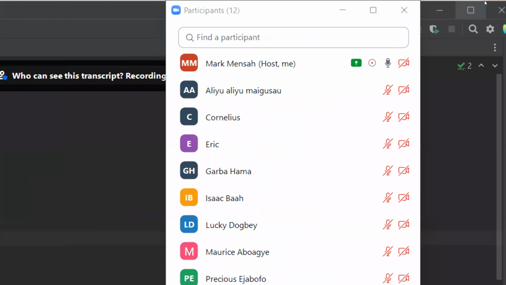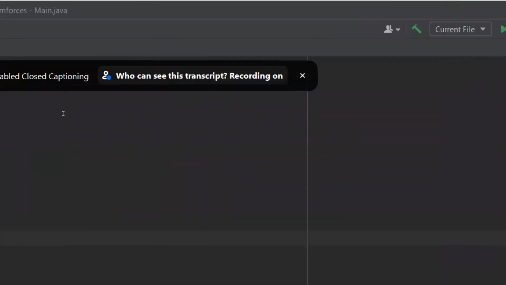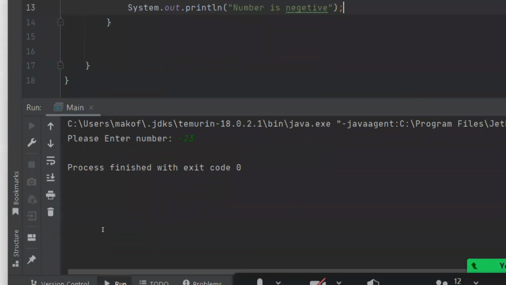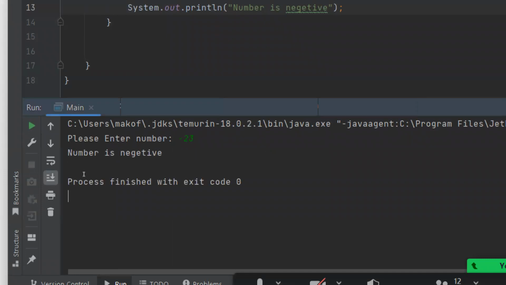So if I run this now, as I should, and I type negative 23 here, I am getting an answer now.